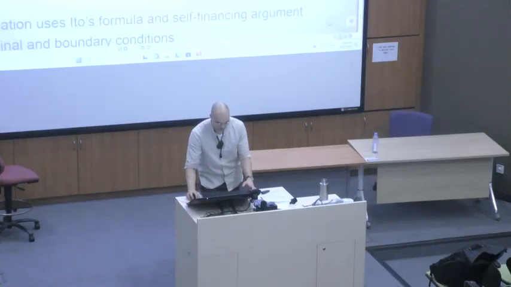Let's do it the following way. We want 0 equal to a dt plus b dS, or dW_t. This is what we get if we rearrange the formulas we had here: if the sum has to be 0, I collect all the dt terms and I collect the dS terms. I'm not used to this computer.